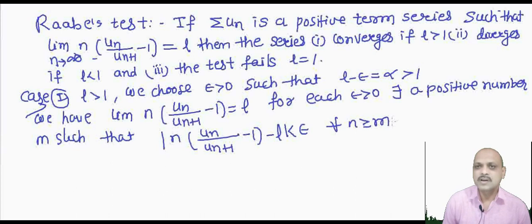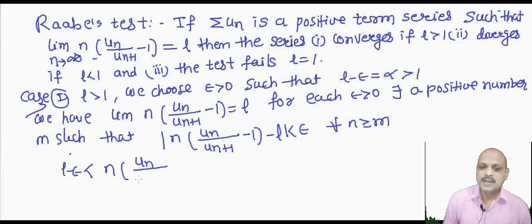Using the modulus property, we write L minus epsilon is less than n into (un divided by un plus 1 minus 1) less than L plus epsilon.